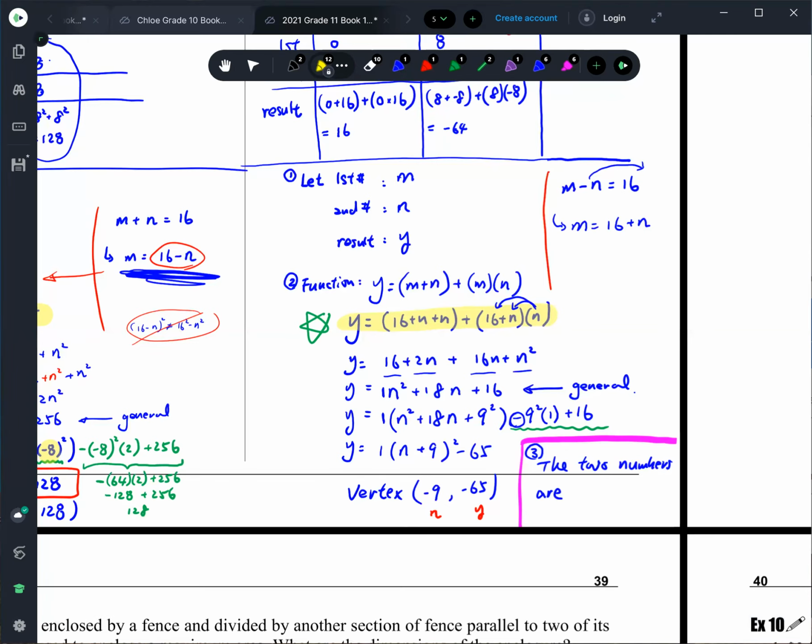First number? Why? We have two numbers, right? Look at your last statement. What does it say in the last statement? Let first number equal m and second number equal n. Okay, so your -9, is that for first number or second number?